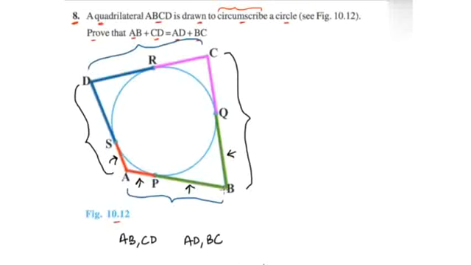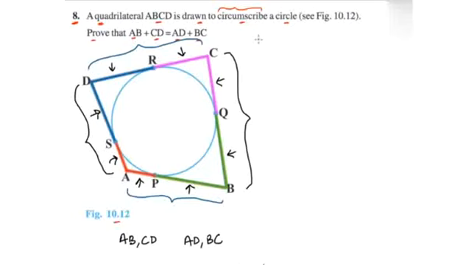Then in the first pair we have CR, and in the second pair we have CQ, and in the first pair we have DR, and in the second pair we have DS. So basically the parts in the two pairs are the same, so the sum of the two pairs will be the same. This is the simple logic that we can use to solve this problem.